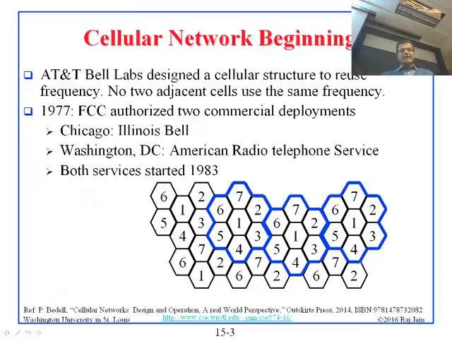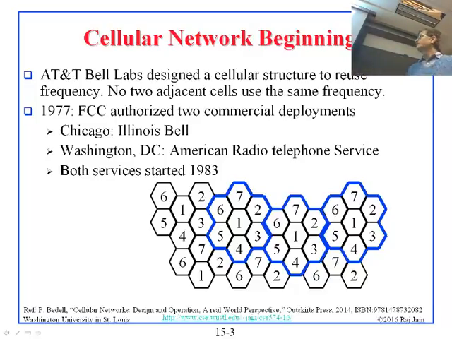So basically, back in 1970s, AT&T, when it was still one company, monopoly, developed a plan that they could provide radio services to the whole country using this plan, where if they are given 7 frequency bands, they could use it again and again and again using hexagonal cells.